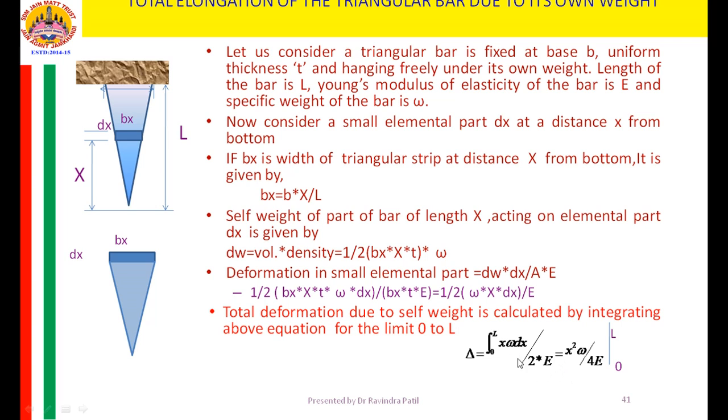Here omega and 2E are constant. Only what is left is x into dx.